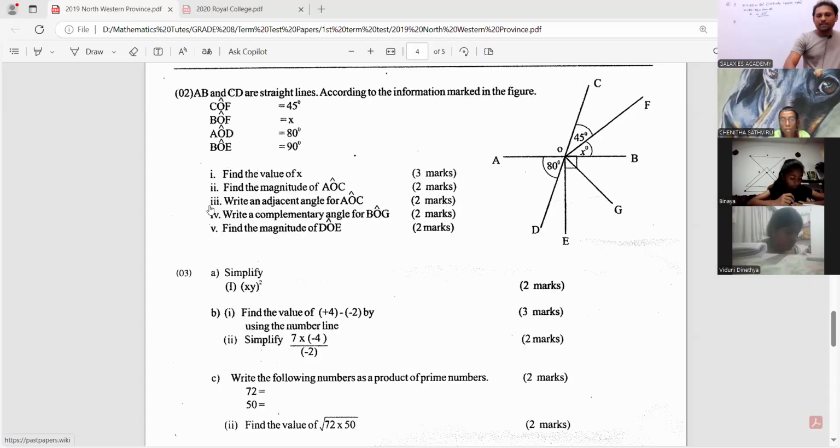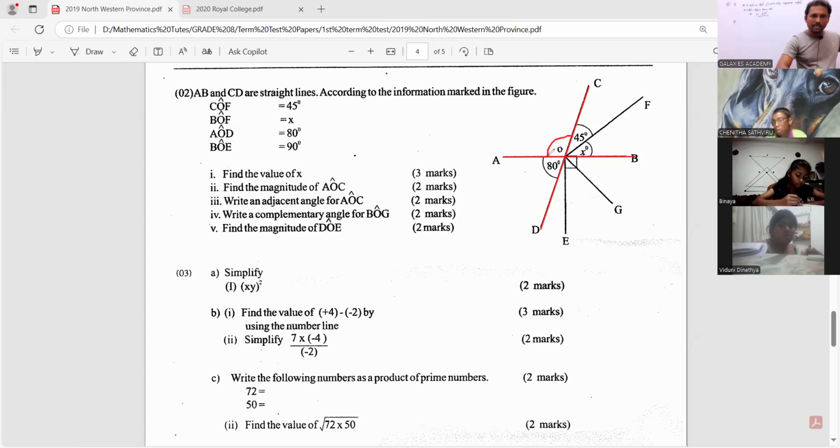Then second part, given, find the magnitude of OAC. Right? OAC mean which angle? You check again. OAC mean this one, no? Sorry, AOC.